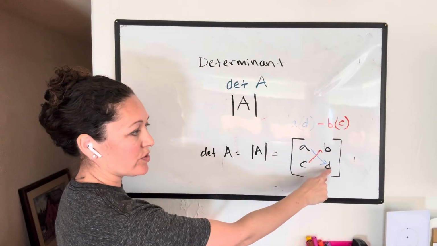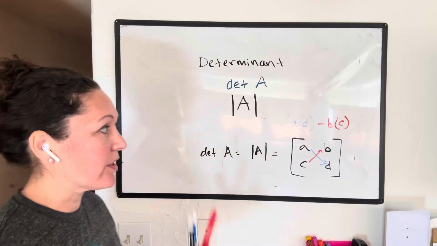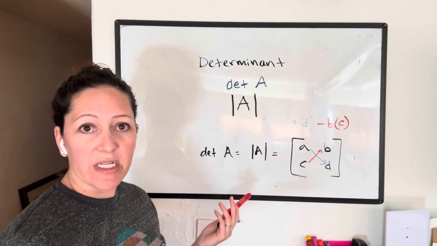So you're taking those two numbers, multiplying them, minus these two numbers multiplied together. And whatever you solve, that number is your determinant.